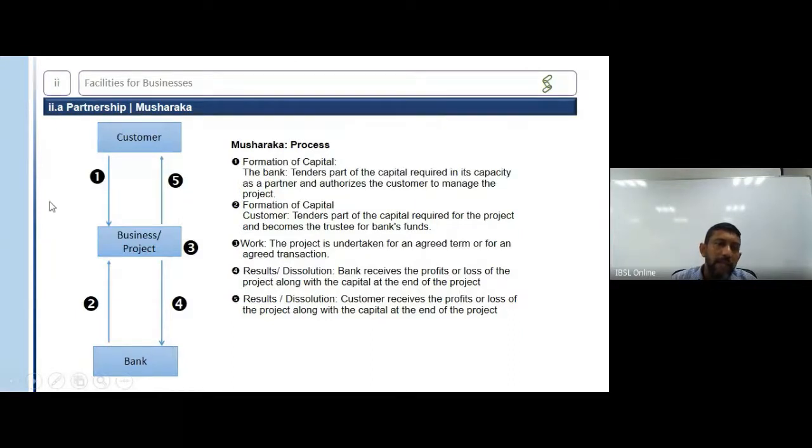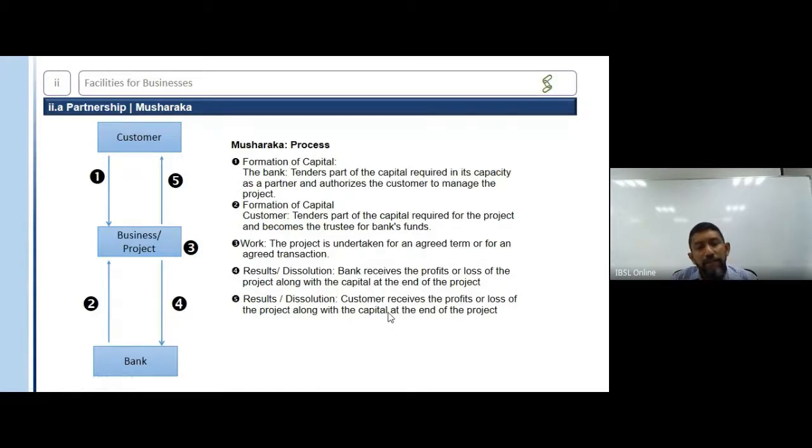So that is the basic transaction on a Musharaka, how it could work, the process flow. If both parties contribute capital and undertake a particular business, project or transaction, then based on the results they split the results based on a pre-agreed profit-sharing arrangement.